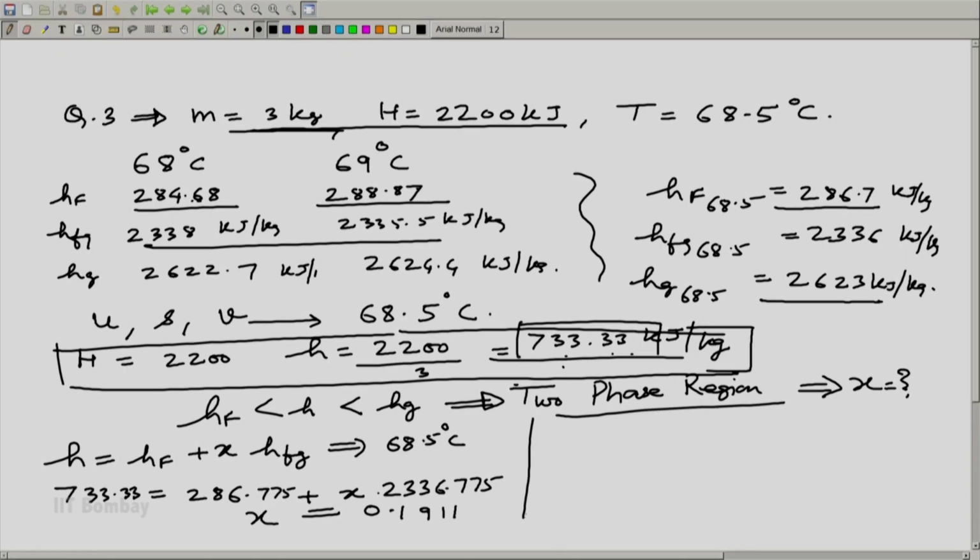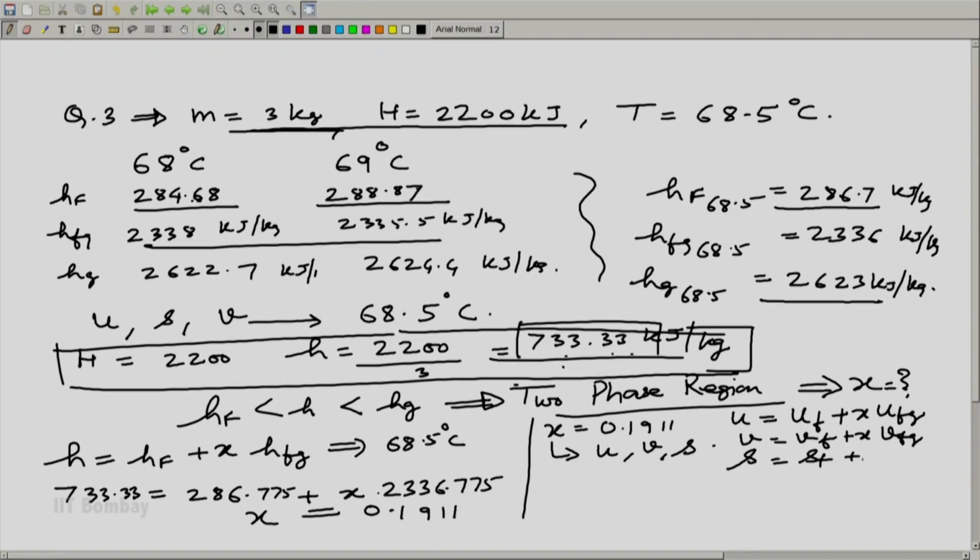Once I get the value of X as 0.1911, I can use the same thing to calculate the values of U, V and S using the formulation U is equal to UF plus X times UFG, V is equal to Vf plus X times Vfg, and similarly S is equal to Sf plus X times Sfg.